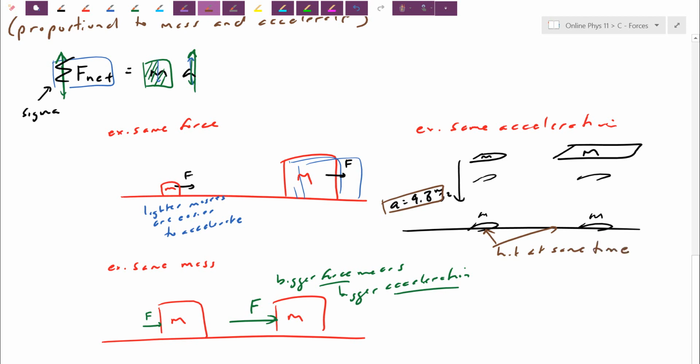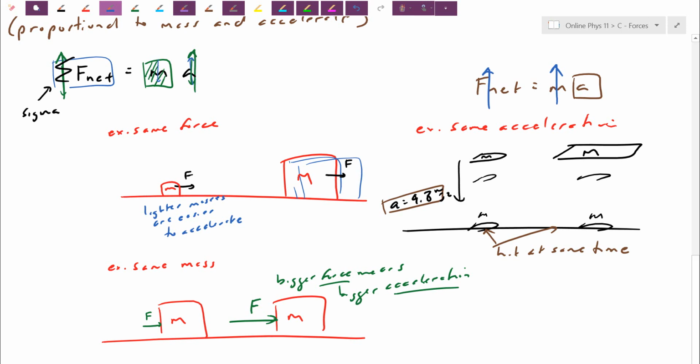However, there is something different about them, not just how long until it hits the bottom. I would be much more worried about a textbook falling on me than a tennis ball falling on me. Why is that? Well, again, if F net is equal to ma, this time acceleration is constant. This time a is always going to be 9.8. Because force net and mass are proportional, as the mass increases, the net force from the textbook will push with more oomph.